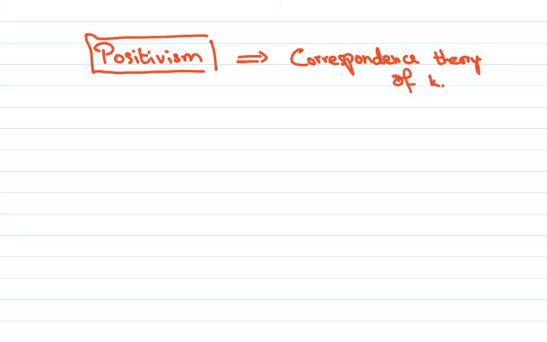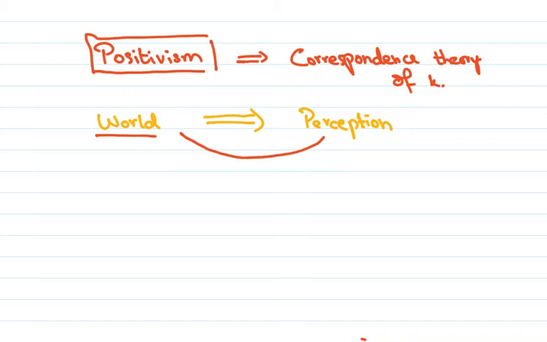Positivism assumes that there is a direct correspondence between the world and our perception of it. So whatever there is outside in the world, our perception of it corresponds directly to it.